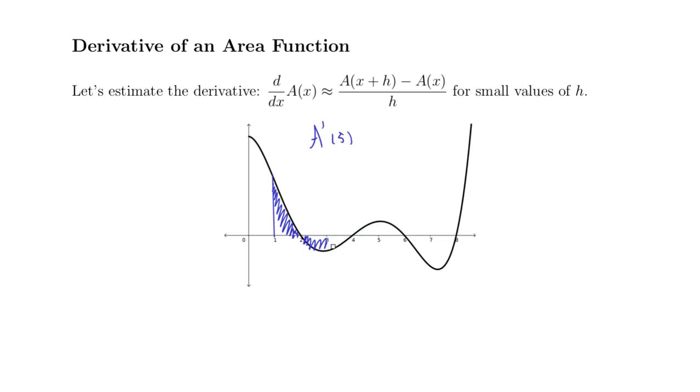Similarly, if we went back to the x value of 3, so maybe I'll say this one is positive. If we looked at a prime of 3, and we look at what happens when we change x a little bit, we push it a little bit further, notice this little red sliver that we're adding is a negative area, because it's underneath the t-axis.